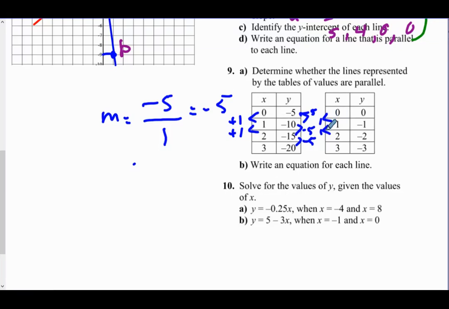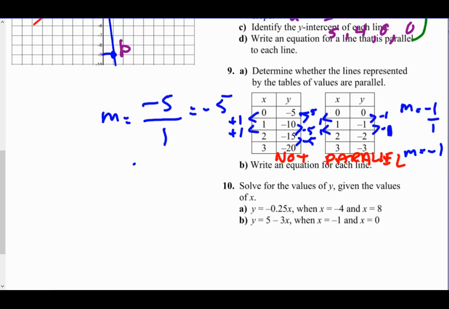Same thing, we've got going by ones on this side and going by negative 1 here. You say that it's negative 1 over 1, and slope is negative 1. So determine whether these lines are parallel. So no, they're not parallel.